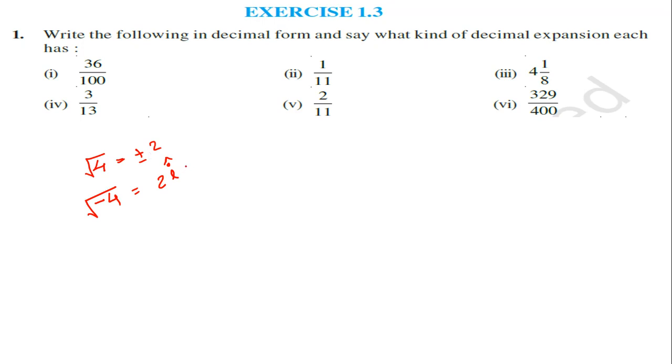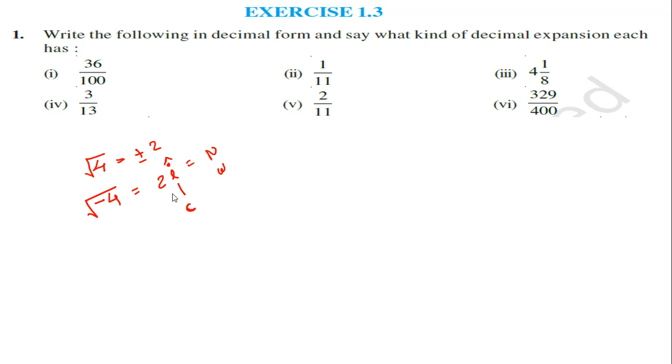And if you ask me, sir, natural numbers are denoted by N. Set N means the natural number set. W is for the whole number set. So for imaginary numbers, which set will come? It will be C. C means, does anybody know this name?